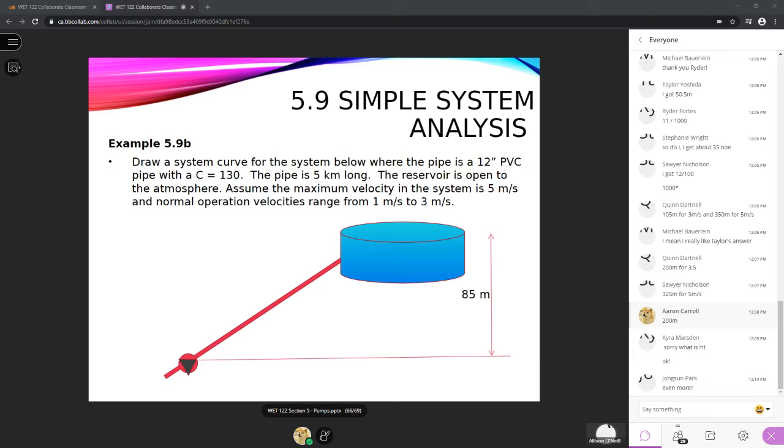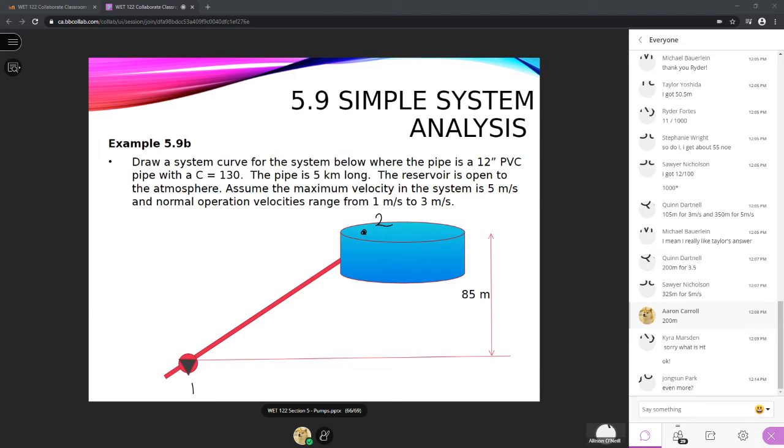So we're going to follow these same steps that we just did for this system that we have presented to us. We're going to create the same sort of chart and analyze the system. Here's point 1. Up here, at the surface of our reservoir, is point 2.